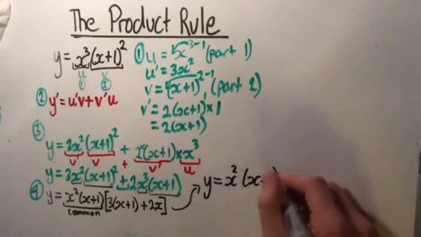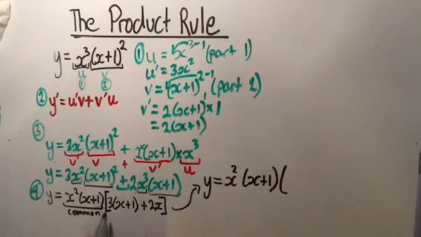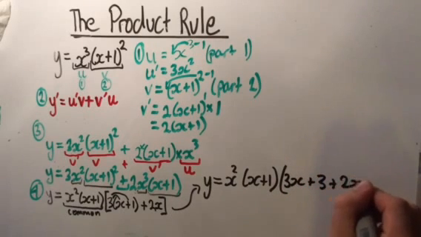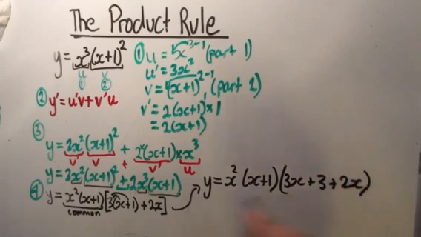Nothing can be simplified in there, but we can simplify this other bracket. This is going to be 3x. We're going to expand this bracket here: 3x plus 3 plus 2x. So I've taken away that big bracket because I only did it because we had smaller brackets inside.